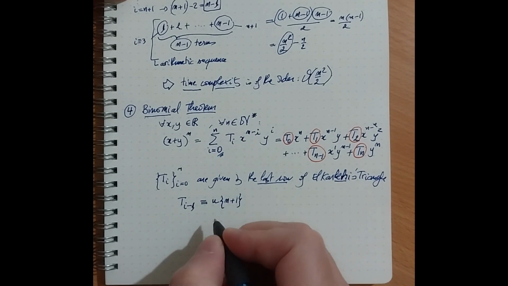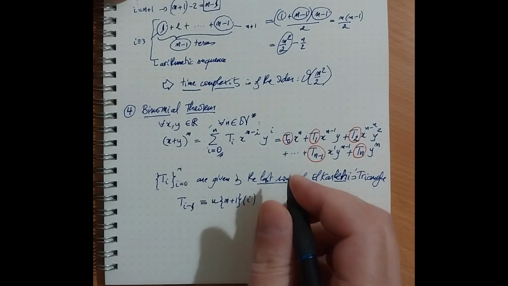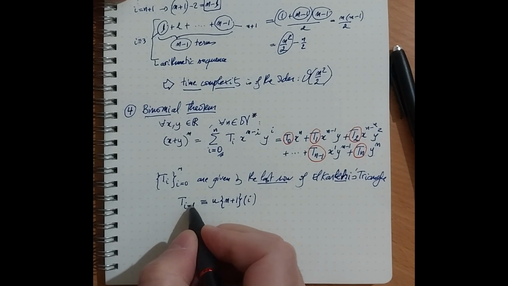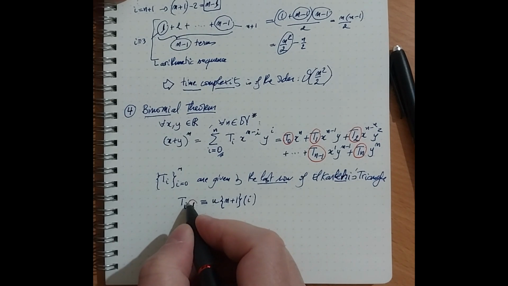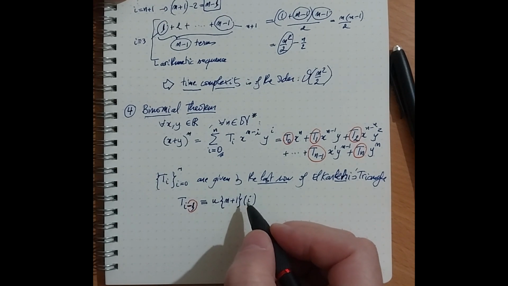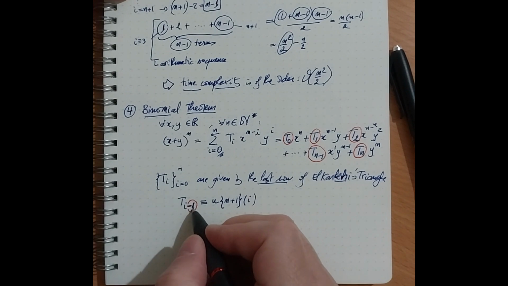We use braces. And here the index is i. So here we use i minus 1, because in Matlab, the index always starts with 1. You cannot index a row or a cell array or a structure array by 0. You cannot start by 0. So we do i minus 1.